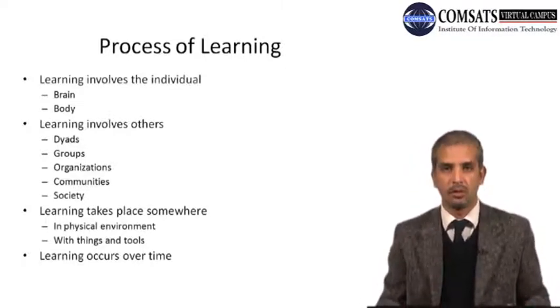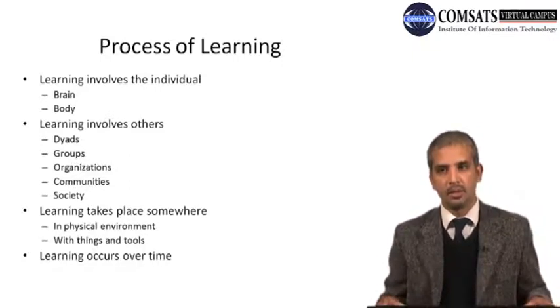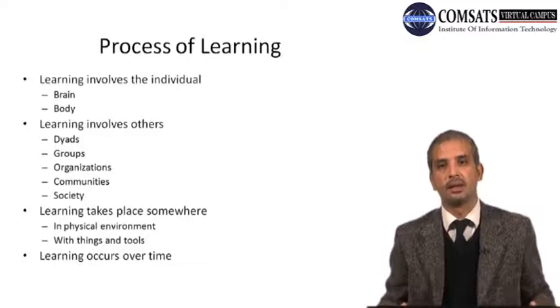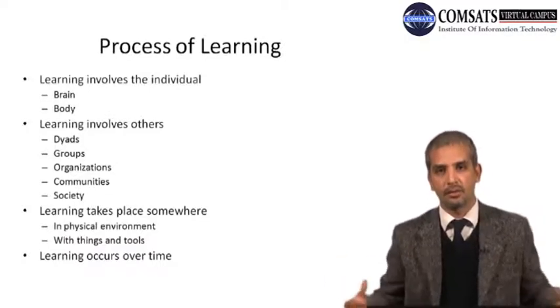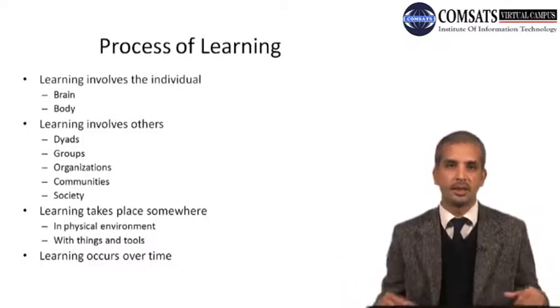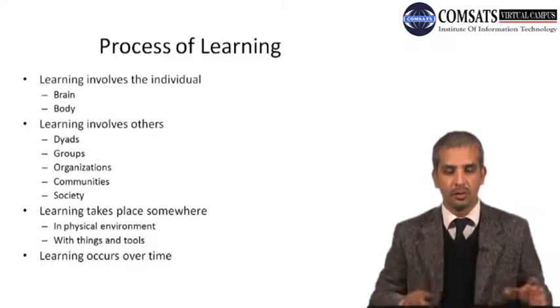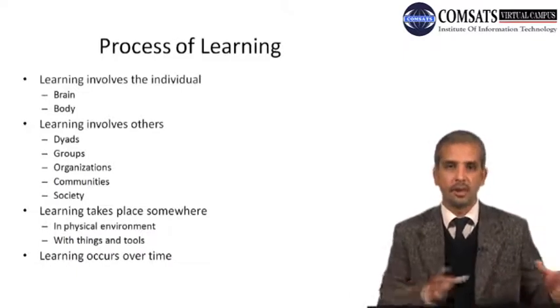All those five senses are related to the external environment, and that information from the external environment is stored inside the brain. So both of these are required for an individual to learn.